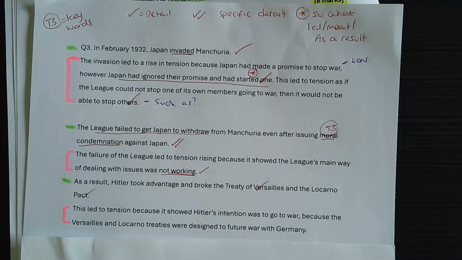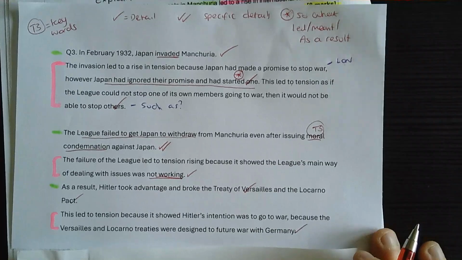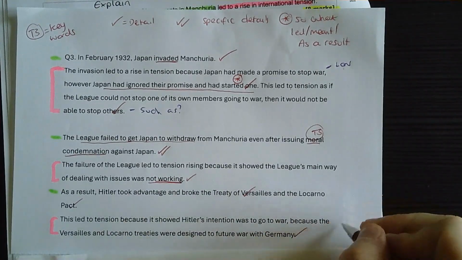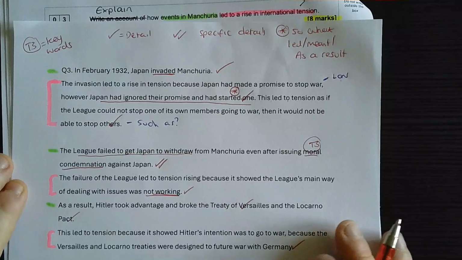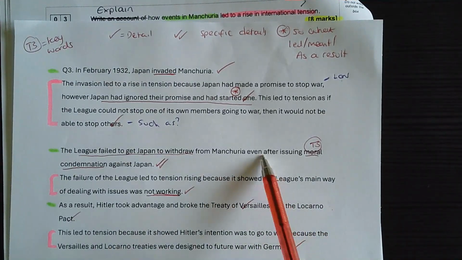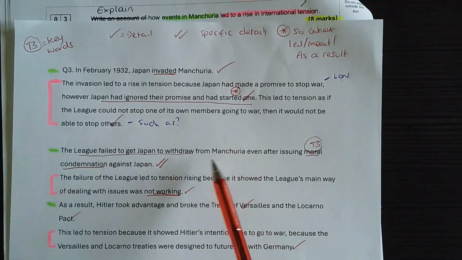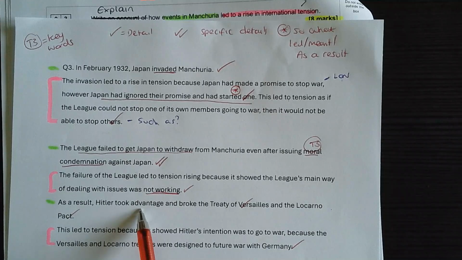So again, detail. Now what we've got there, in this last bit, is not necessarily about Manchuria, but it explains straight away how events in Manchuria led to tension, because Japan failing to withdraw allows Hitler to feel confident, and this then leads to further international tension.